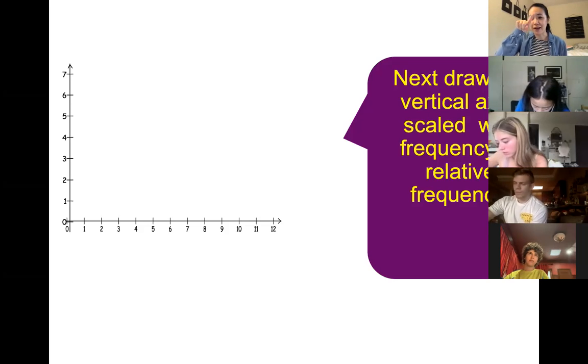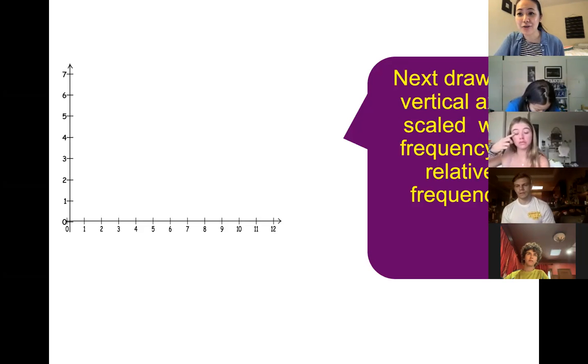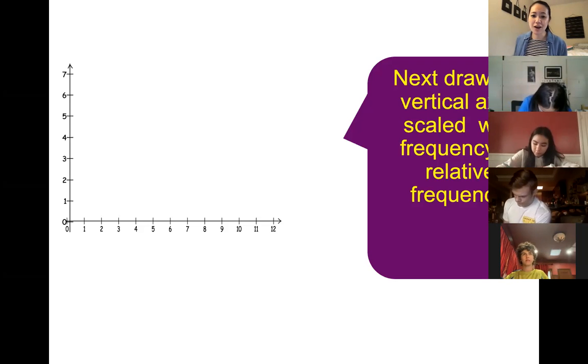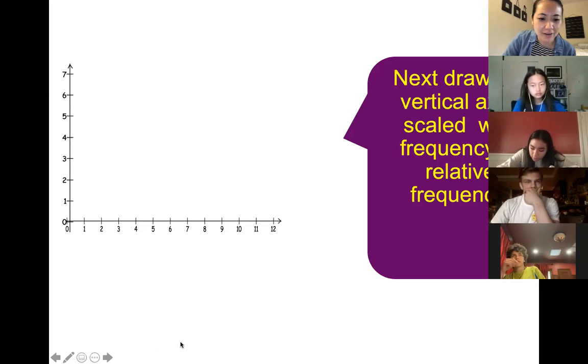And then we're going to draw a rectangle with that height above each of those numbers. Okay, who got number 1? I did, and it was only in there once. Okay, perfect. So when you draw your rectangle, be careful how you draw it.